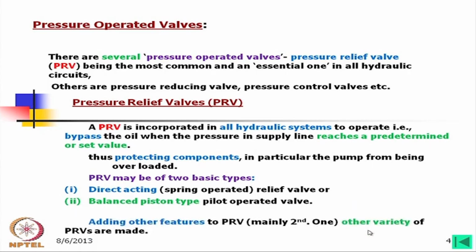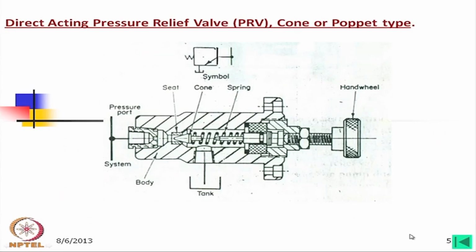Adding other features to PRV, mainly on the second one, other varieties of PRVs are made. Now, we shall consider the direct acting pressure relief valve, cone or poppet type.